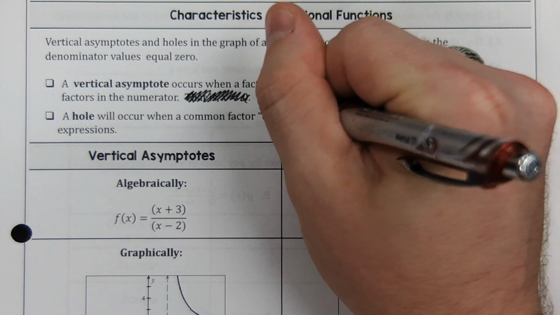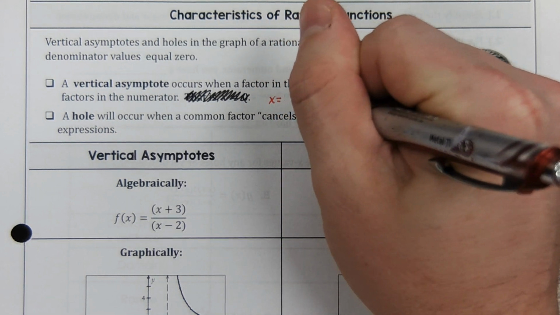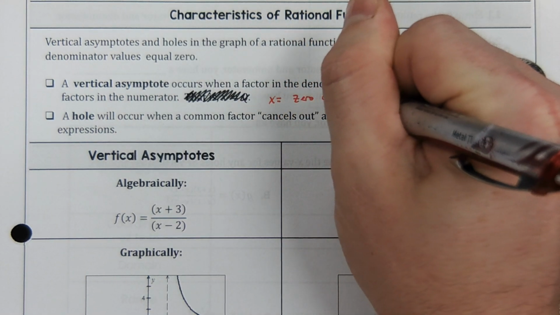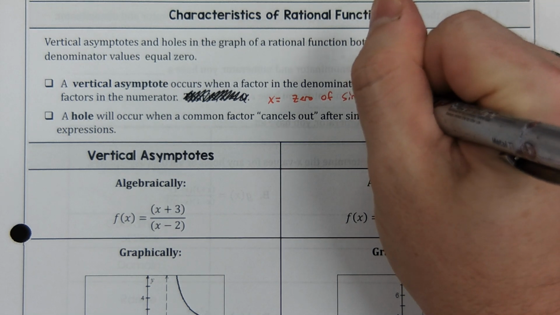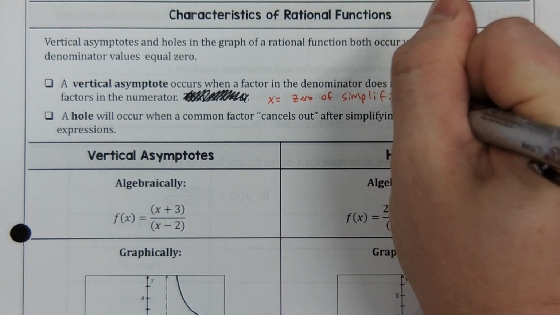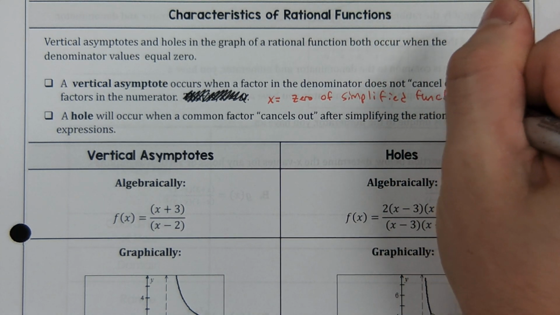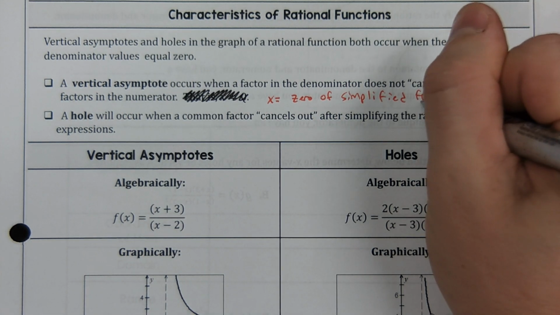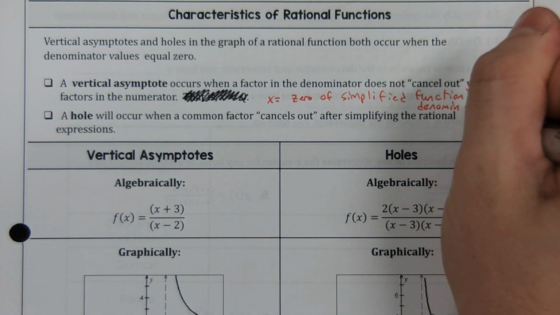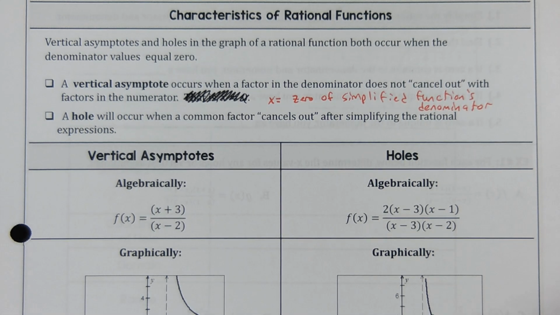Vertical asymptotes are going to occur at x equals 0 of simplified function's denominator. So after you've done all your simplifying, if you still have a number that makes the bottom equal 0, there will be a vertical asymptote at x equals that number. So x equals 0 of simplified function's denominator.